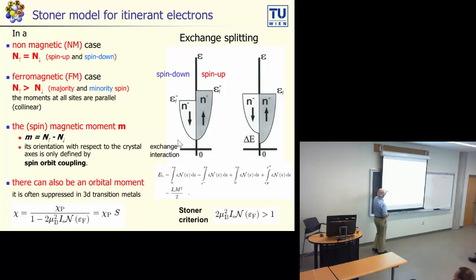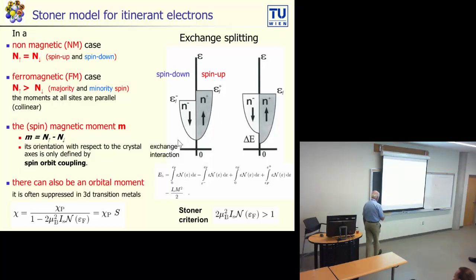And the difference between the number of spin up and spin down electrons gives you the magnetic moment. So this is the key element. Then you have the magnetization, a different occupation between spin up and spin down electrons.